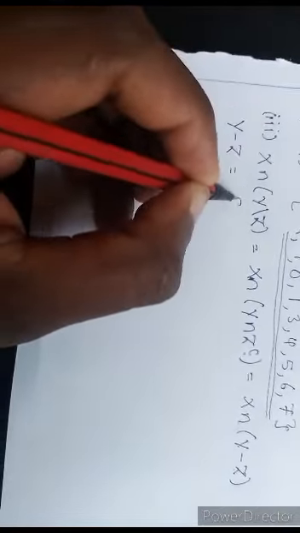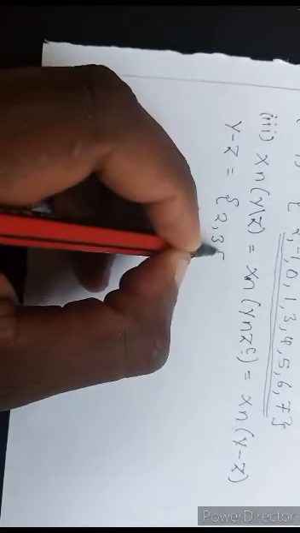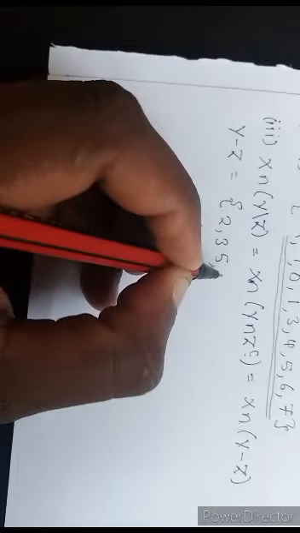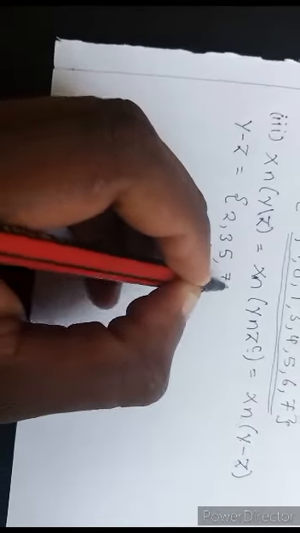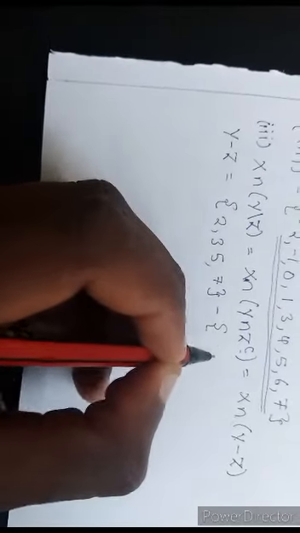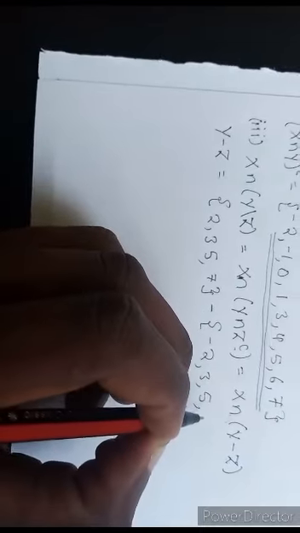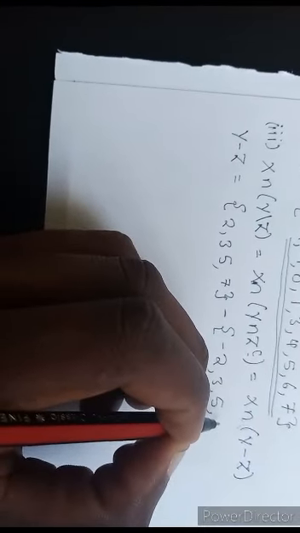So meaning y, if I list y, which is 2, 3, 5, and 7, then minus z, which is negative 2, 3, 5, and 6.